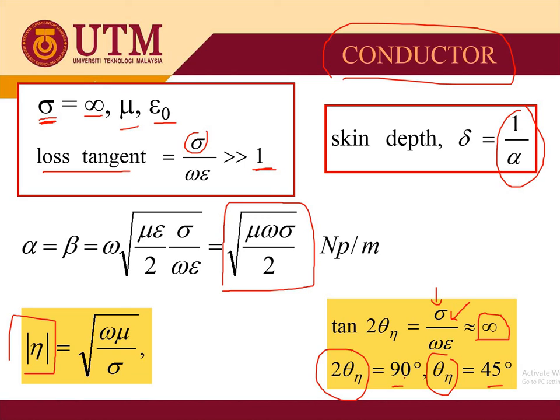I think you guys can relate this with the equation when we try to plot the tangent, the angle. When you do the plotting, with theta, then you will see there's an exponential.